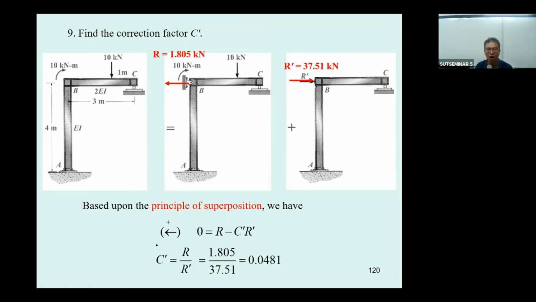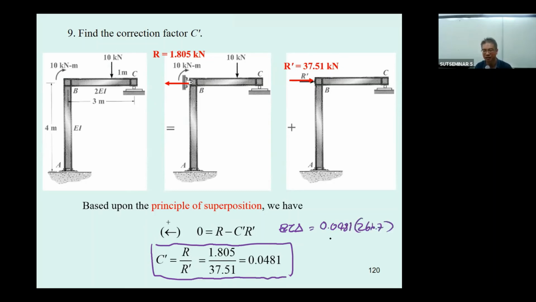I always ask you what is going to be the correction factor, because this is important. The EI delta is going to be 0.0481 times 266.7. Now you get the correct size of the sidesway.